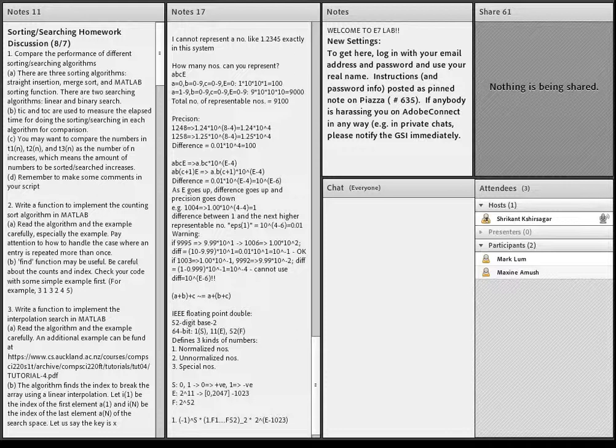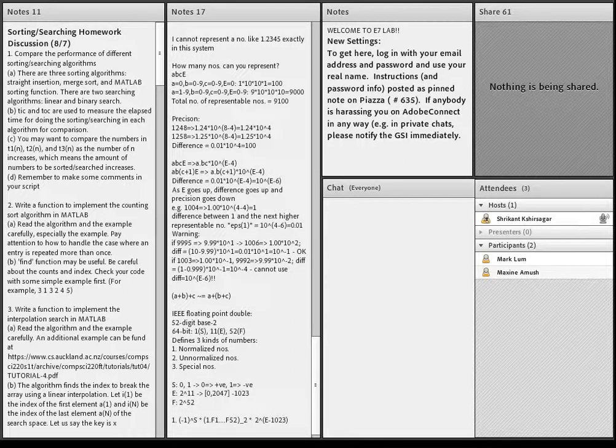Now f1 up till f52 are those 52 bits in this 64-bit representation. We don't store that 1 explicitly, it's implicitly assumed to be 1. Then you multiply that with an exponent of 2, just as we did in our finite number system with 10 raised to e minus 4. So this is what corresponds to a normalized number.